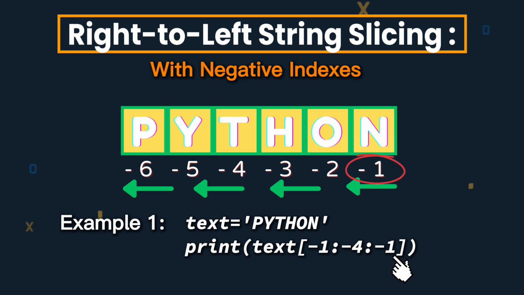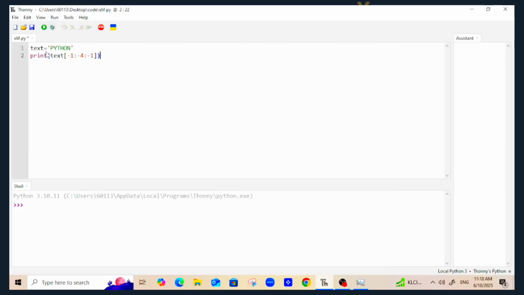The step is -1, which means we're moving right to left through the string, one character at a time. So starting from N, we move from right to left. First we get N, then O, then H, and we stop before reaching T. This gives us the substring NOH. So when we run the code, the output is NOH.